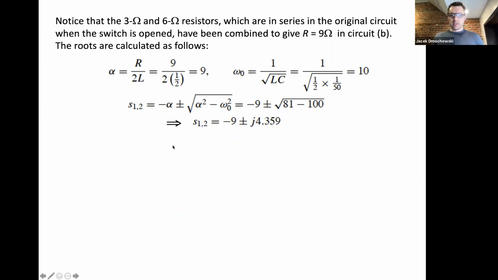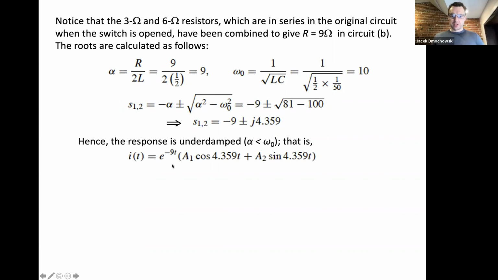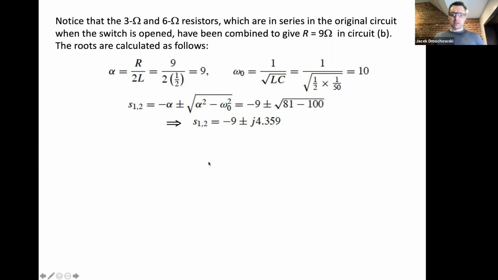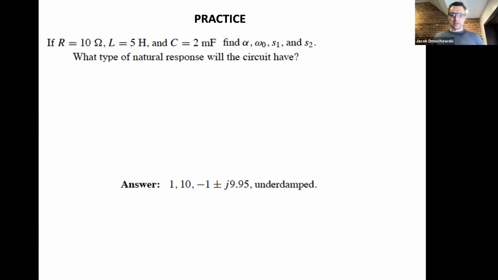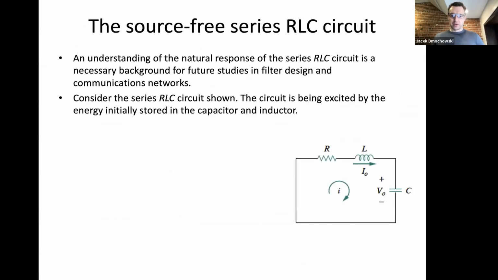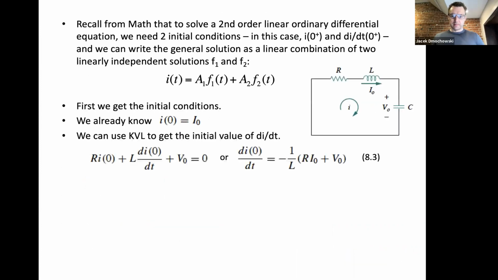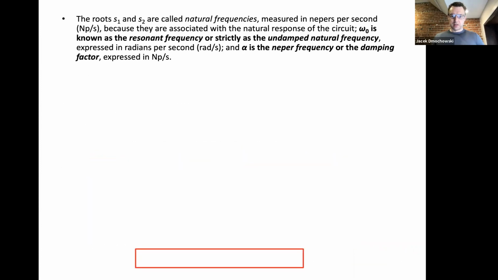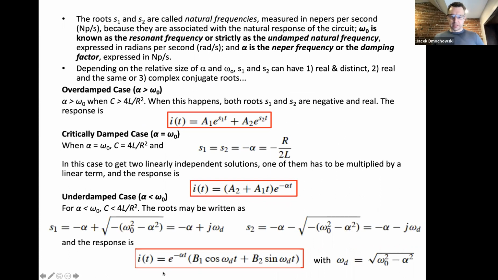And when we have two complex roots, let me point you to which equation we're using. We are using, where is it now? This equation here. Okay. So in our circuit, we have alpha was 9 and omega was 10.